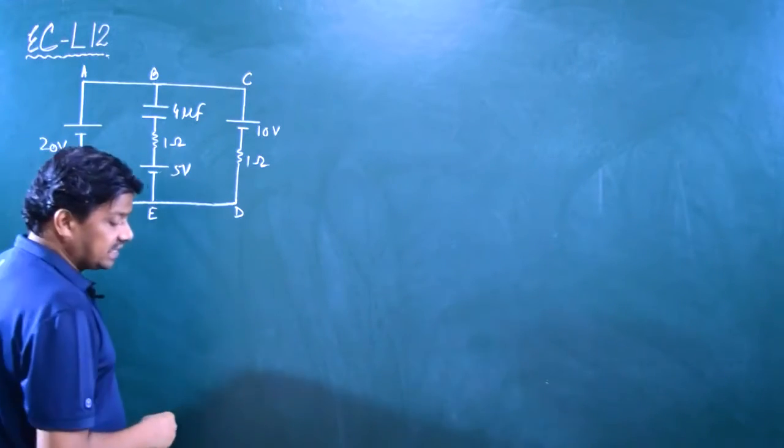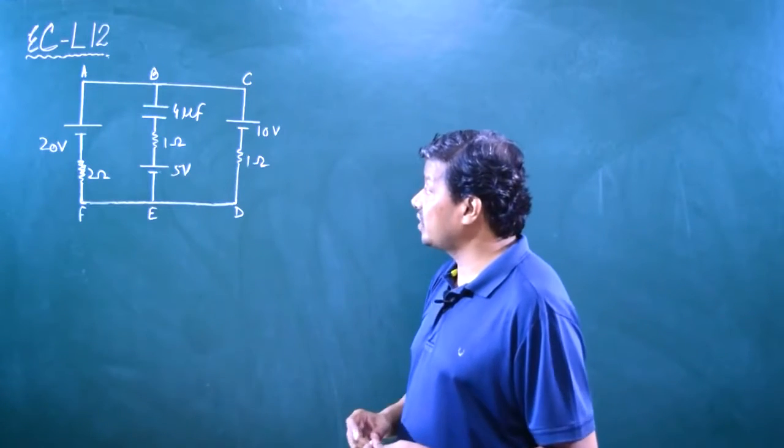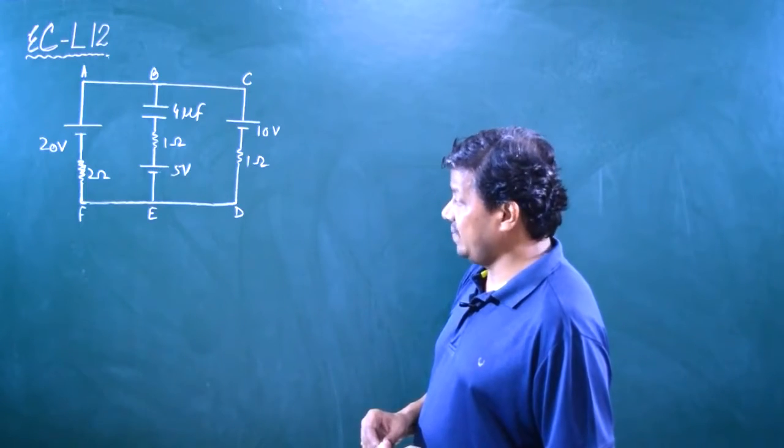From this circuit we have to find the charge stored across the capacitor and the energy stored across the capacitor, and also the current across the elements.